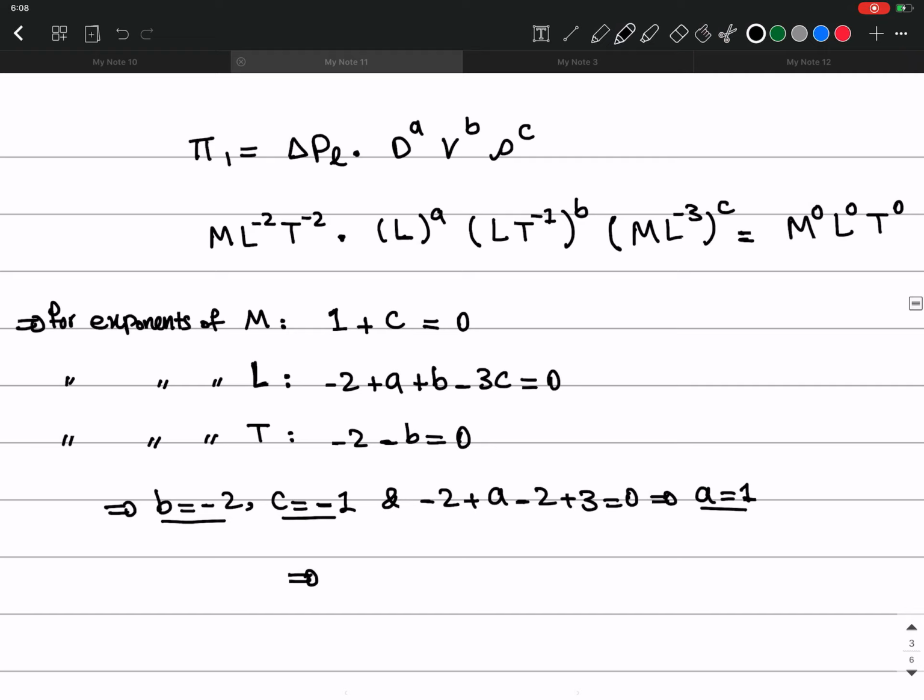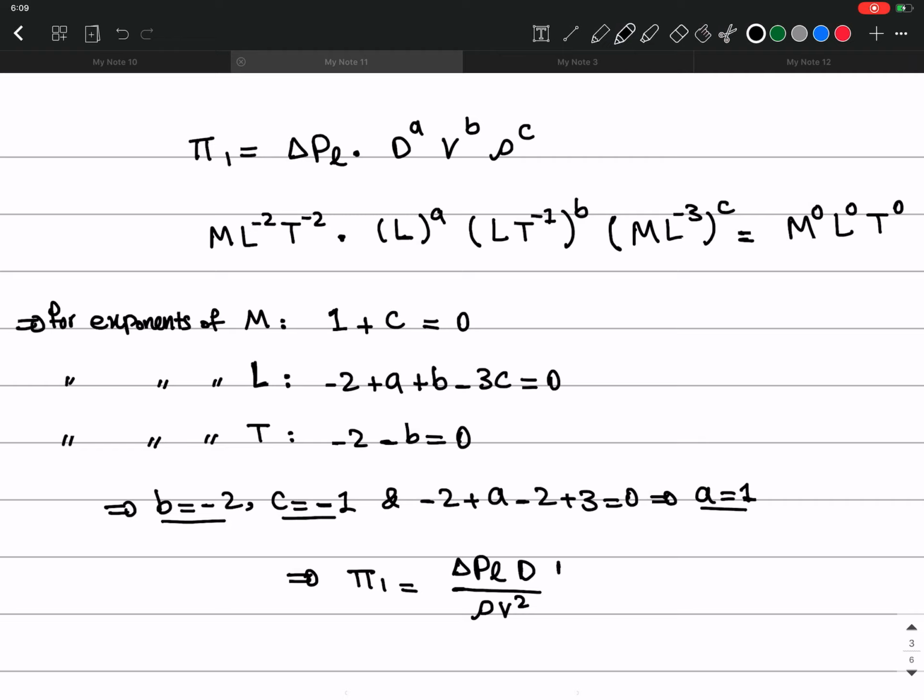So the first dimensionless pi term is going to be delta P L times D to power a, which is D to power 1, times rho to power minus 1 and V to power minus 2, right? So I just write it in the denominator. So it's going to be rho V squared.